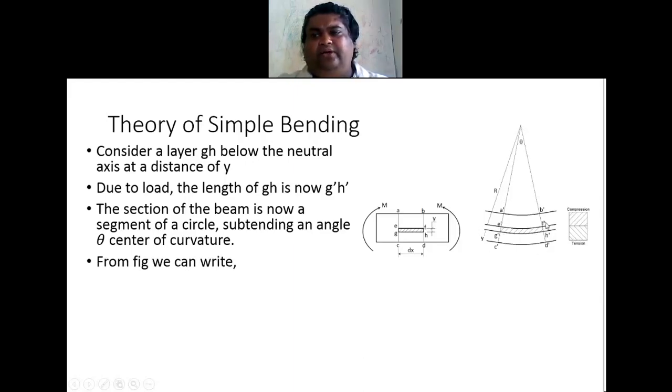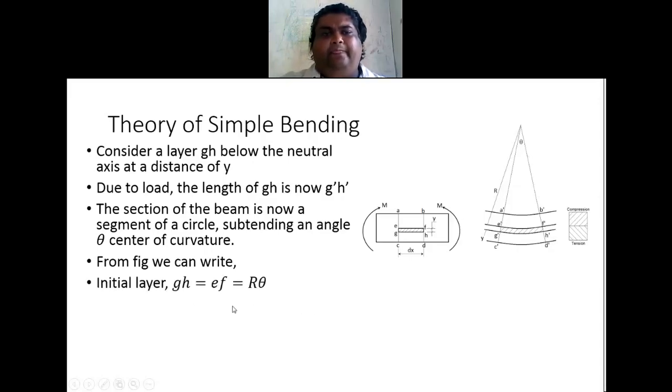Now from this figure, I can write the initial layer, that is GH, right? This is GH, and that is also equal to EF, right? So this EF is also equal to E dash F dash, because it is the neutral fiber, it is not changing, and this curved length is equal to R theta.